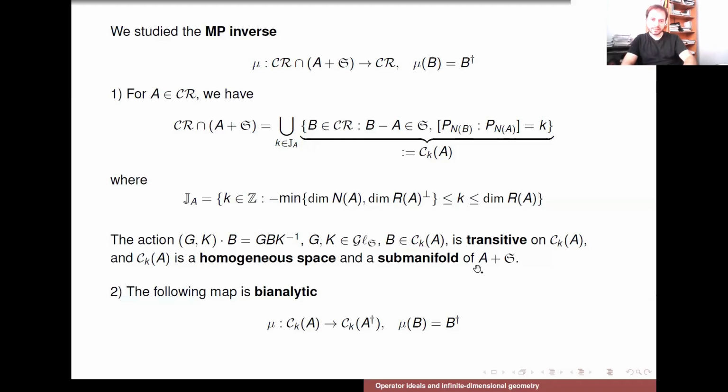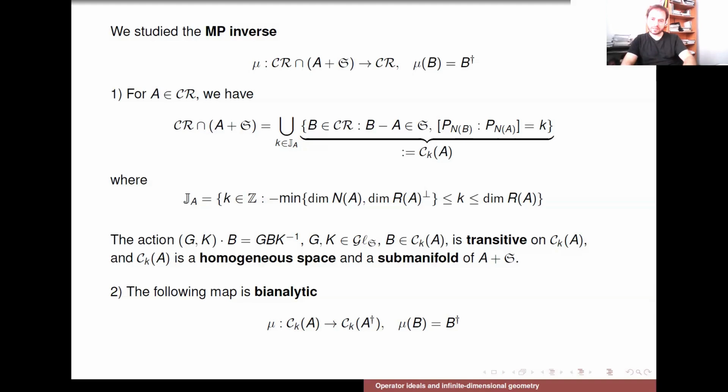Note that what we are saying here is that these sets Ck of A are orbits. For instance, when this k is 0, we have that this is the orbit of A by this action, where the operator A is fixed.